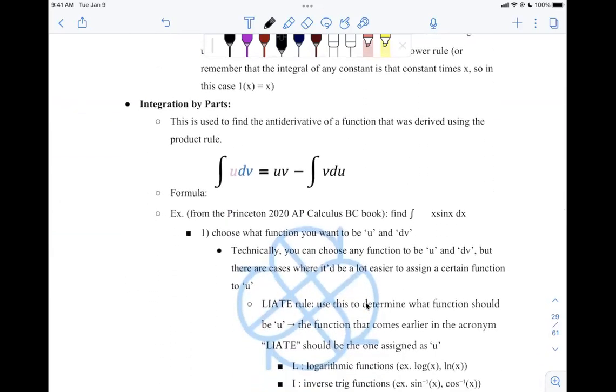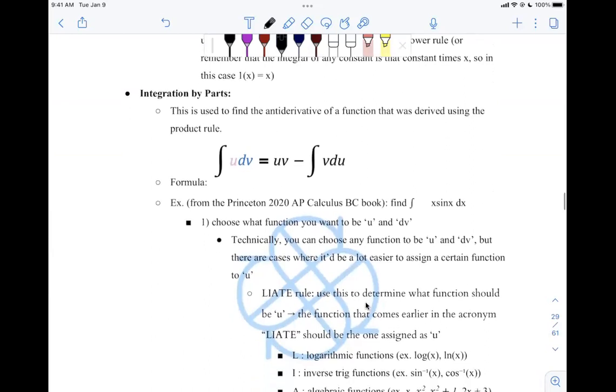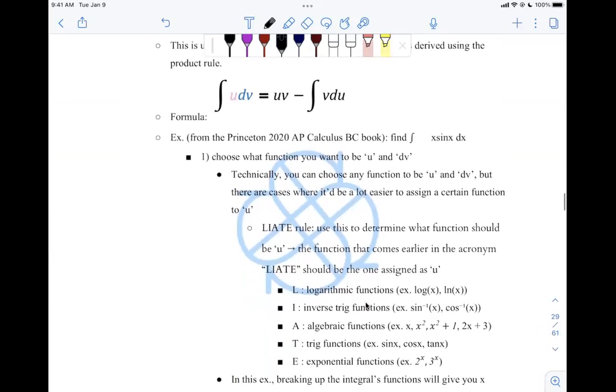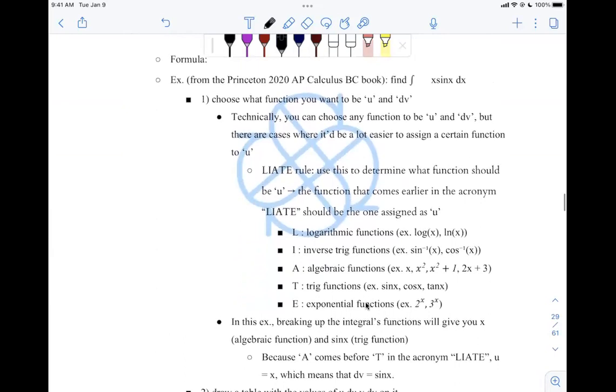Here's our integration by parts formula. And here's some useful hints. The functions we want as u are of these kinds. We want logarithmic functions, inverse trig, polynomial algebraic functions, trig functions, and exponentials.